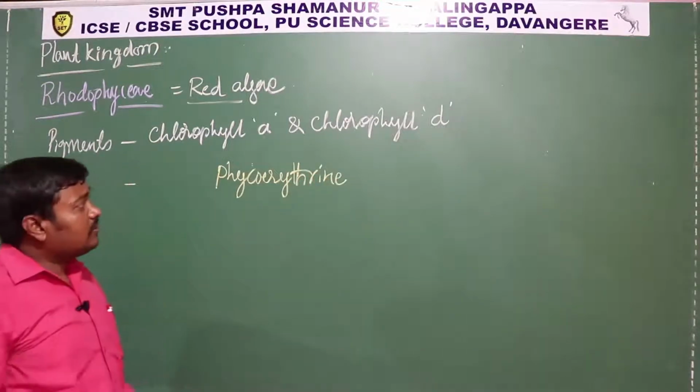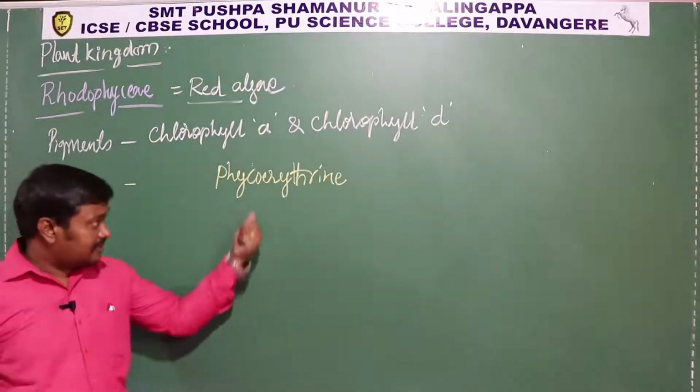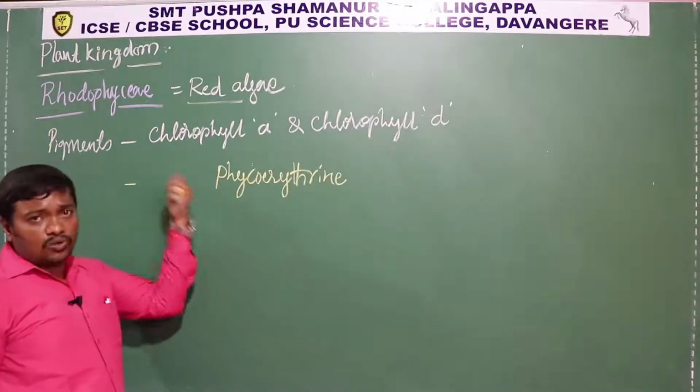They have phycoerythrin. If you recall the name erythrin, erythrocytes, the red blood cell, it is the same meaning. Erythra means red-like, phyco refers to algae.